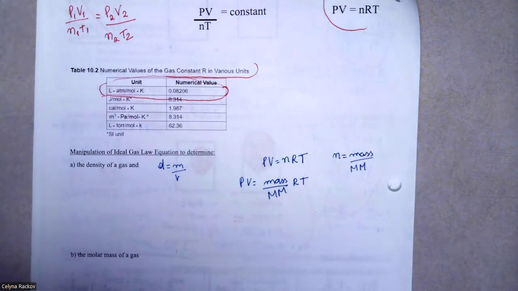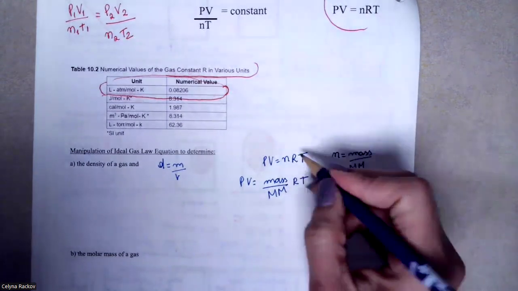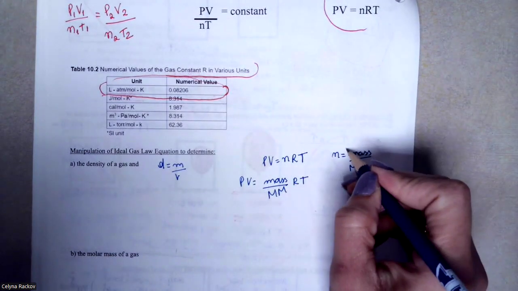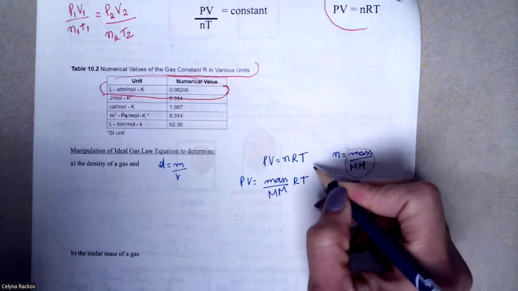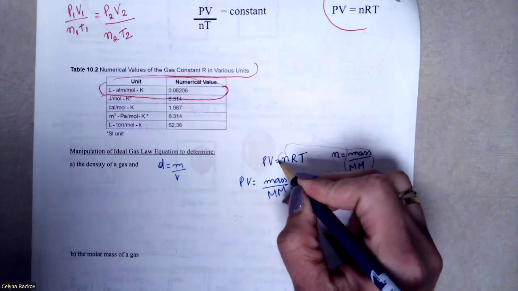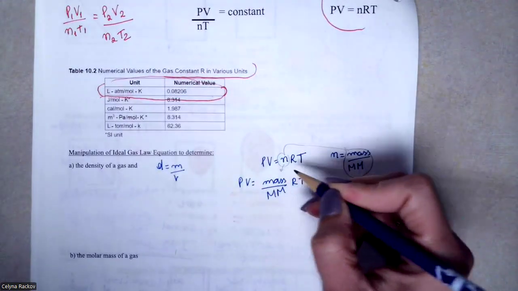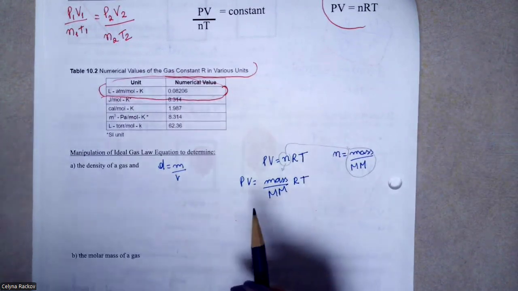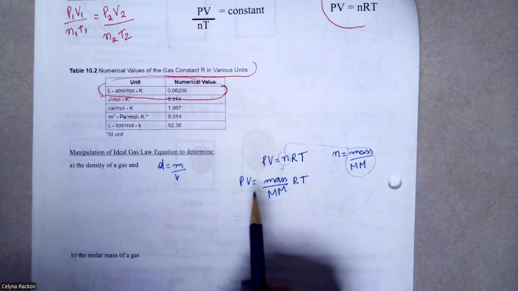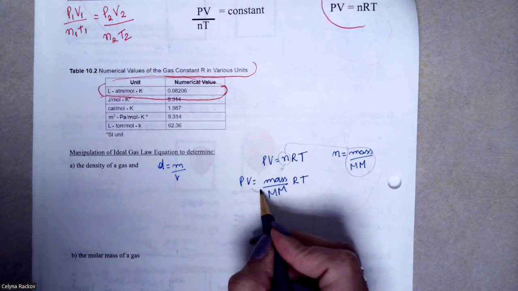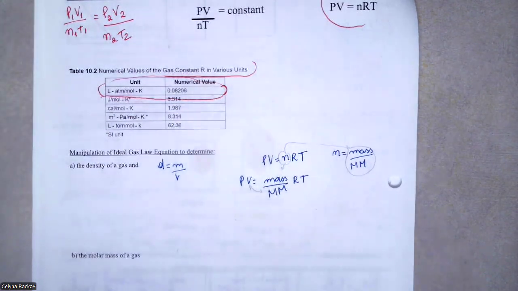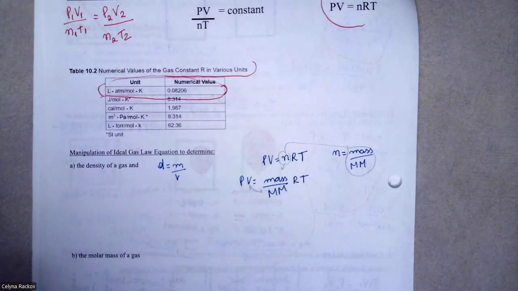You use this portion to replace n. And what's density? Density is mass over volume, right? So we need to manipulate this portion here.